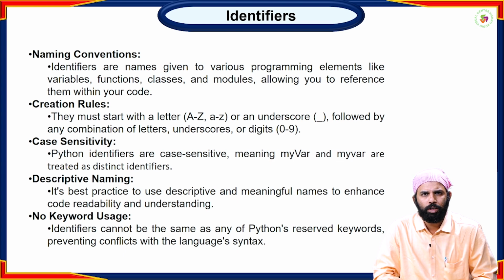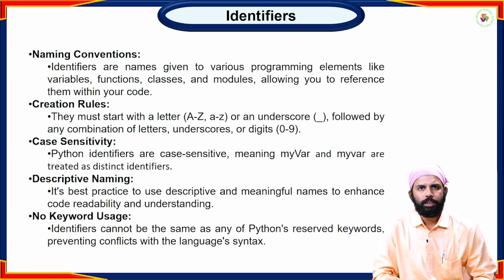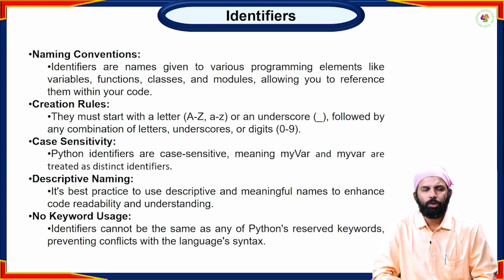So let us go with the definition of an identifier. Identifiers are basically the names given to various programming elements like variables, functions, class names, and modules, allowing you to reference them within your code. So their usage is completely concerned with the lifetime of the program.